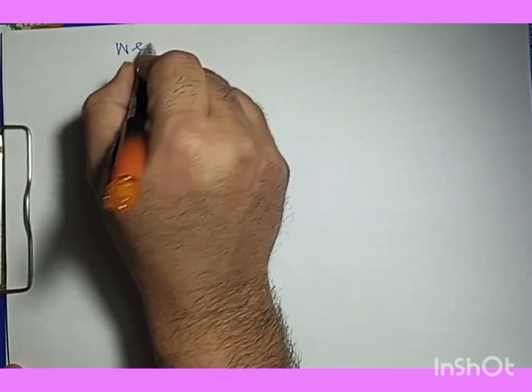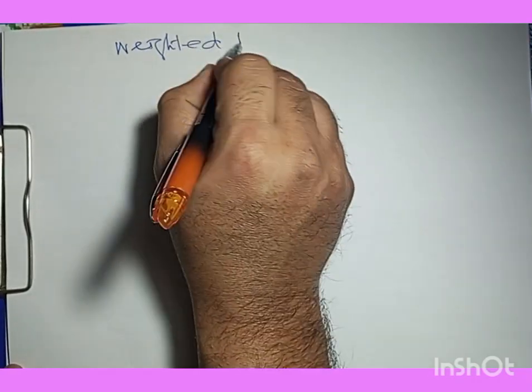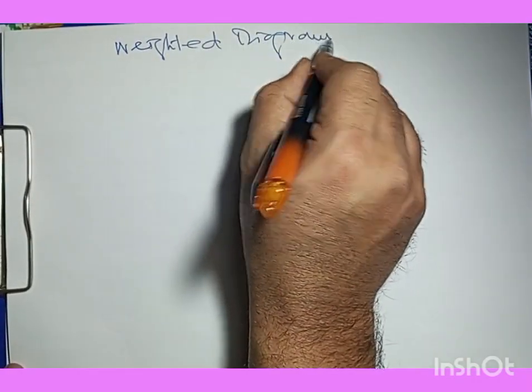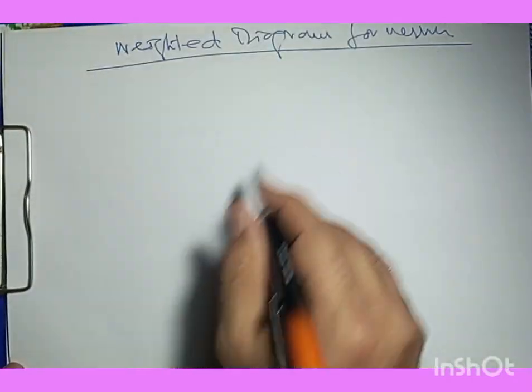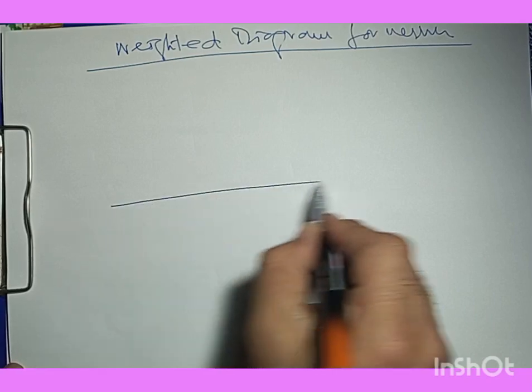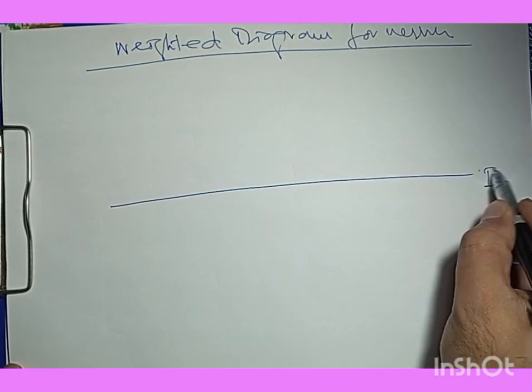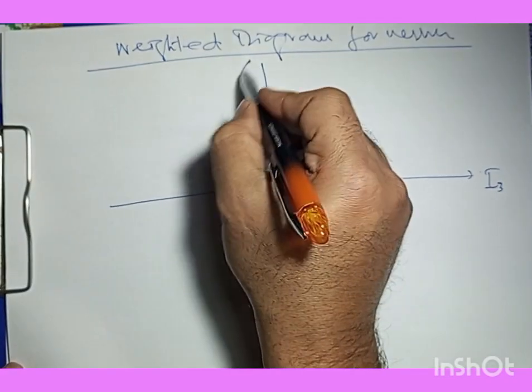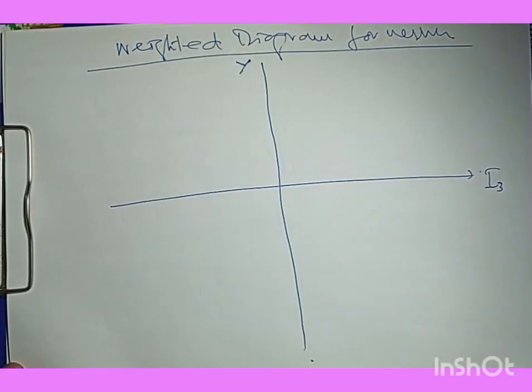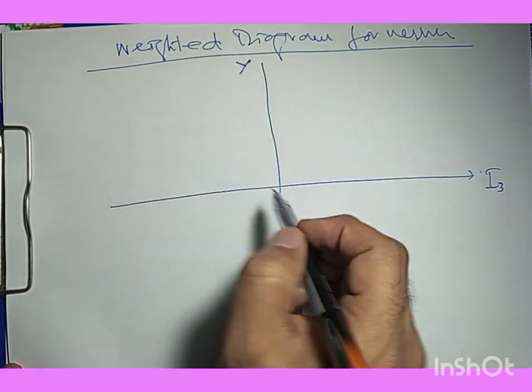So let's draw the weight diagram for mesons. We have the x-axis, which is definitely I3, and the y-axis, which is a representative of the hypercharge. And we have the particles.